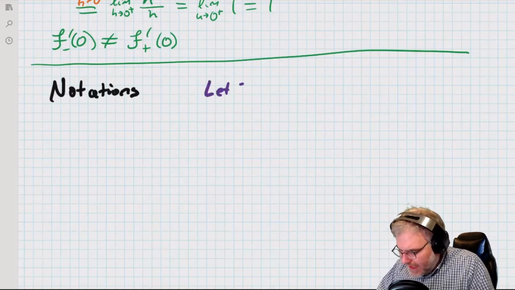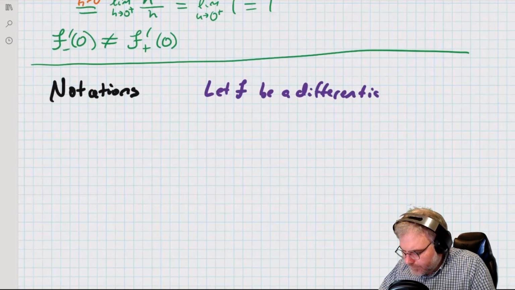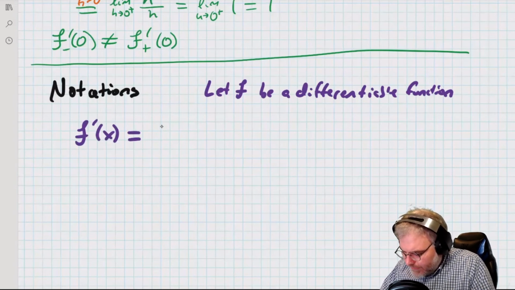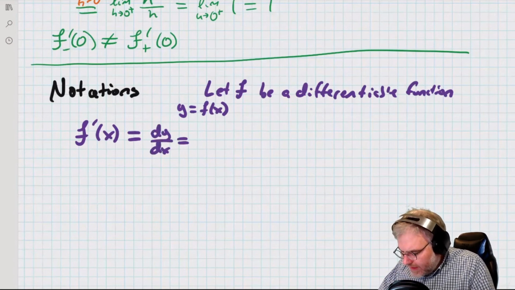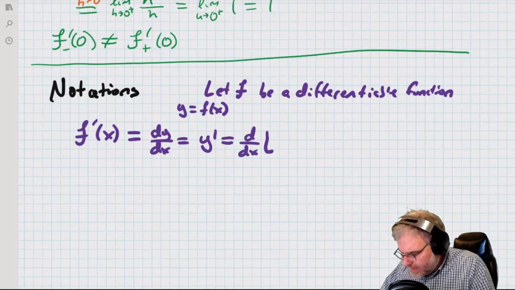Let f be a differentiable function. Then y equals f of x. f prime of x equals dy over dx equals y prime equals d over dx of f of x.